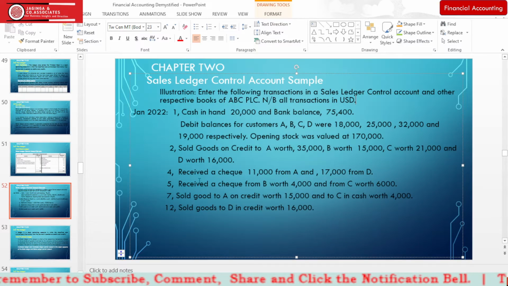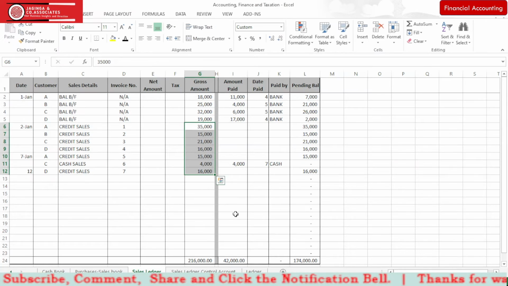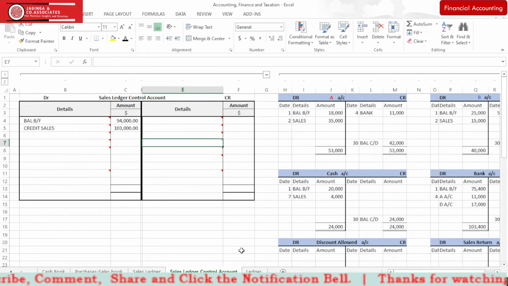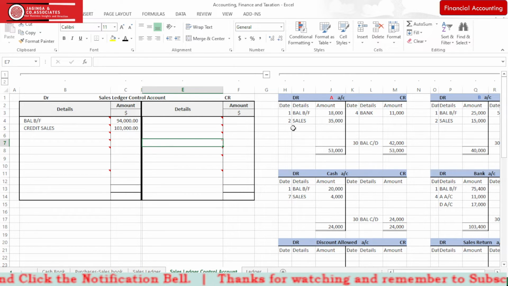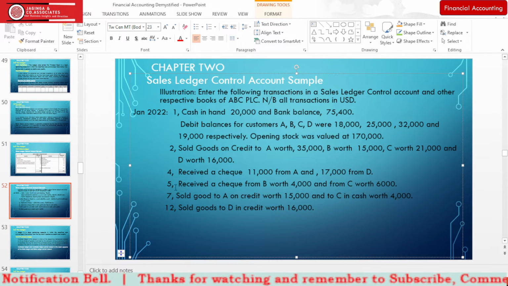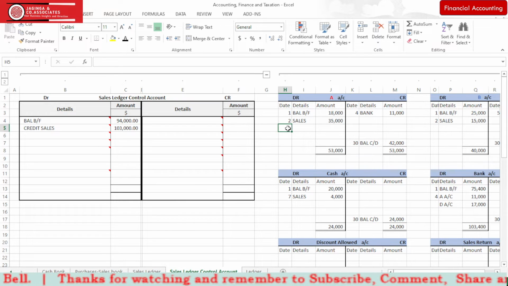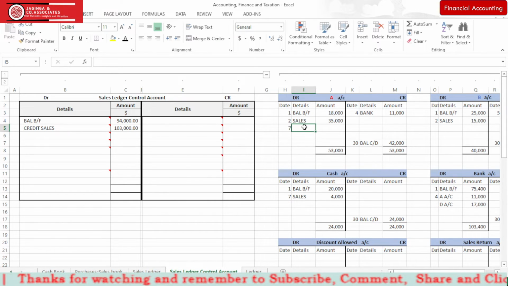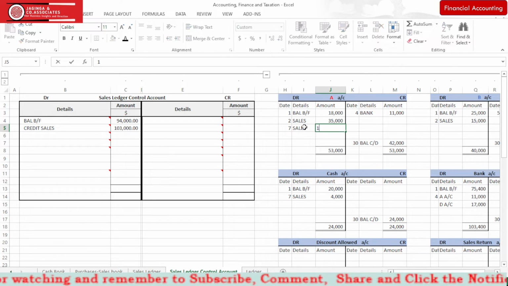So goods were sold to A twice, on the 2nd and on the 7th. So here also we have 7. So we need to write sales. Here is 15,000.